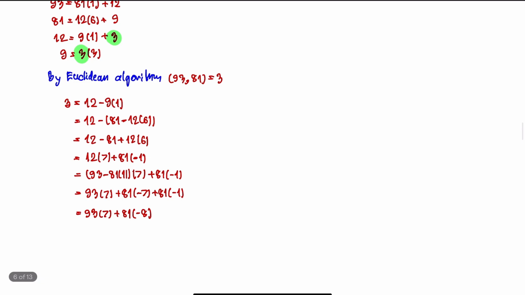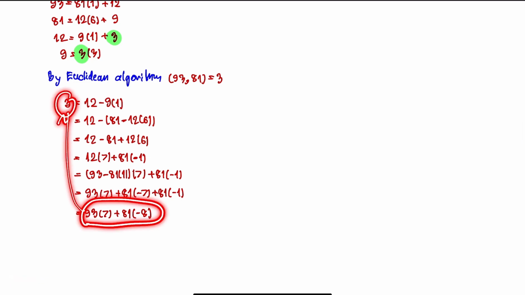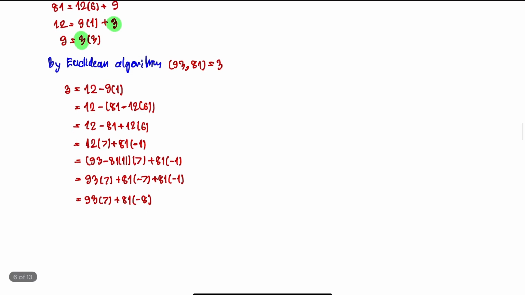Let's verify this sum so that it turns out to be 3. Let's start with 93 times 7 minus 81 times 8, which is 93 times 7 plus 81 times minus 8. What is 93 times 7? It's going to be 651.